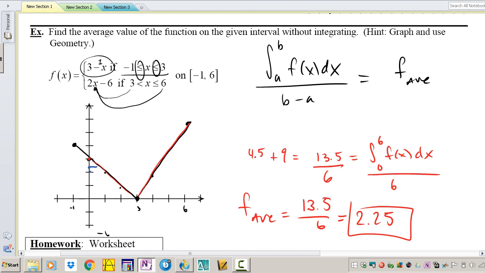If I were to draw a rectangle with base 6 and height of 2.25, the area of this rectangle is equal to the area under the curve there. That is what my average value really represents.